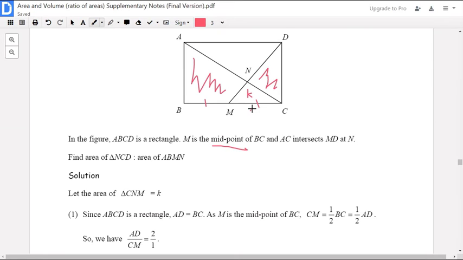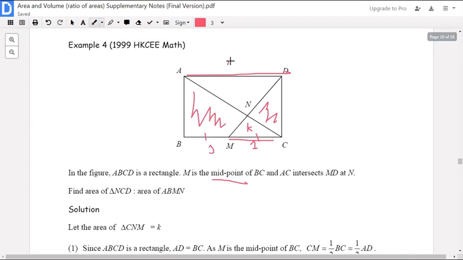Therefore, the ratio of BM to MC is 1 to 1, and the ratio of MC to AD must be 1 to 2, right? M is the midpoint, MC is half of BC, and BC equals AD. Therefore, the ratio of MC to AD is 1 to 2.